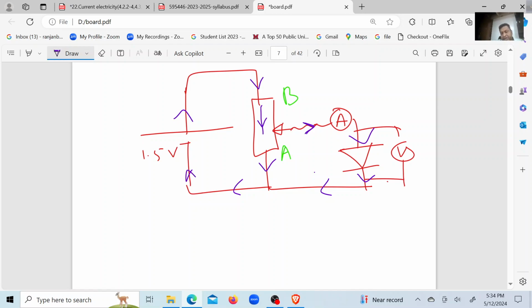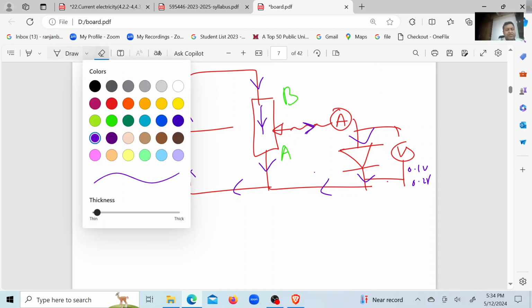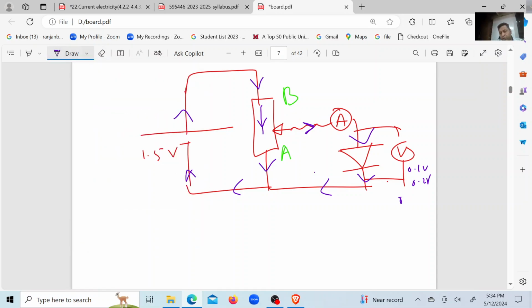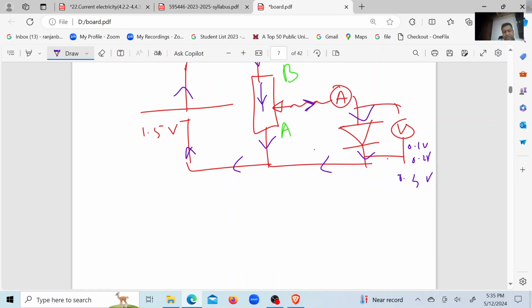Now, if you increase this voltage starting from 0.1 volt, 0.2 volt, how can you increase that? Using this sliding contact. If you move it up starting from A, it will increase gradually. Clear? 0.3 volt. Look, this is called positive voltage. You are applying 0.1, 0.2, 0.3, 0.4, 0.6, right?